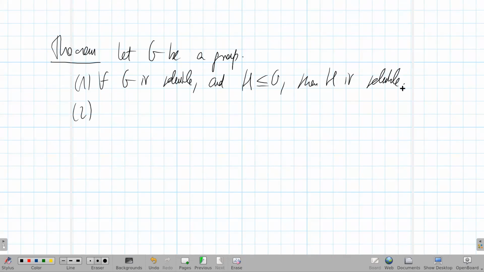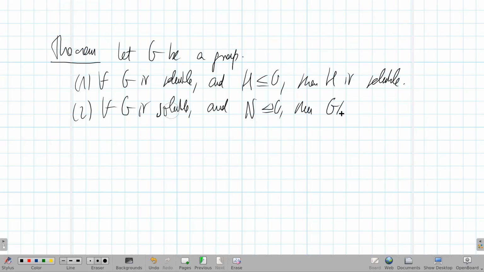But it's not a strange thing. We are used to such properties. Second, if G is soluble and N is a normal subgroup, then the quotient G over N is also soluble. Okay?